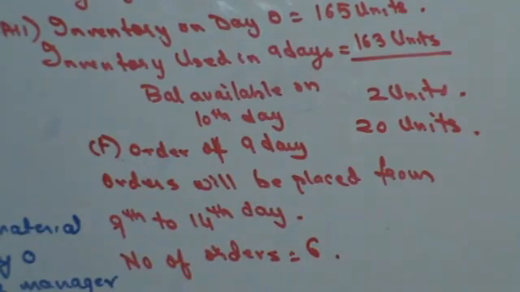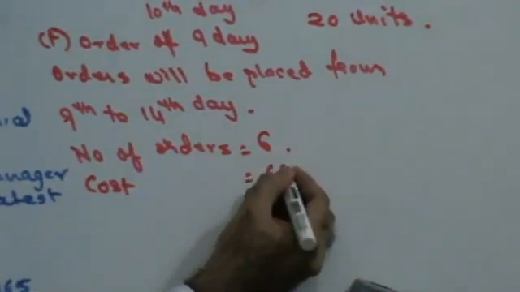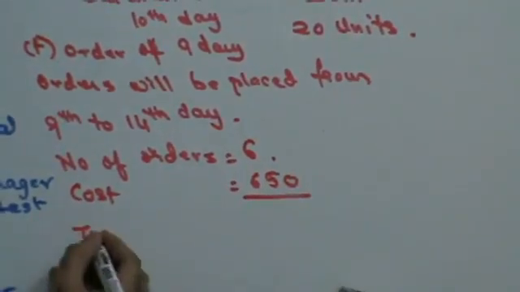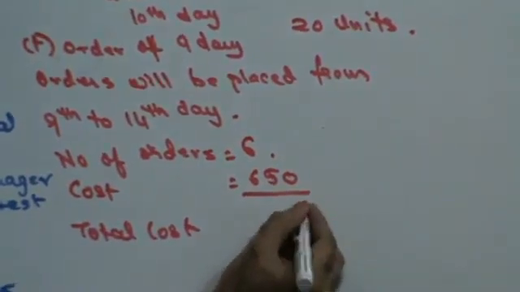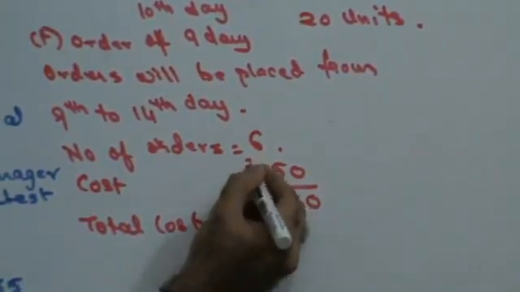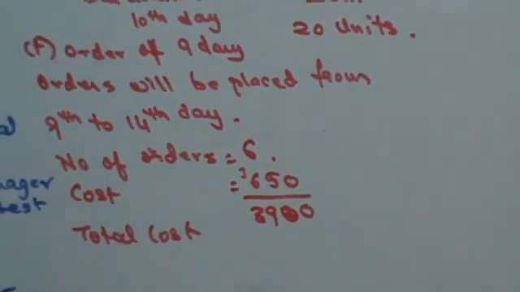Now cost of order is 650 rupees. Therefore total cost will be 650 into 6, 6 fives are 30, 6 sixes are 36, 3900. The total cost of placing the order is going to be 3900 rupees. Next, let's see the next question.